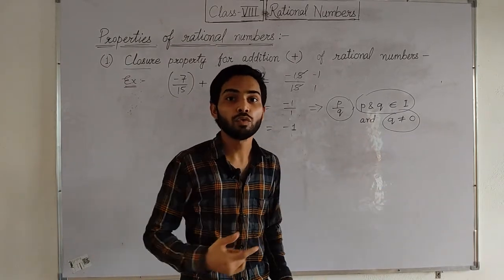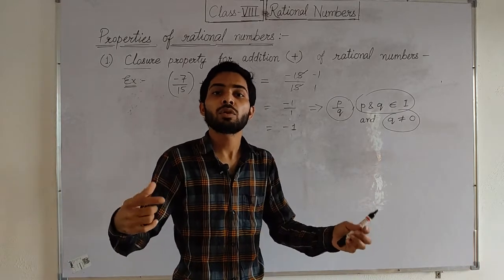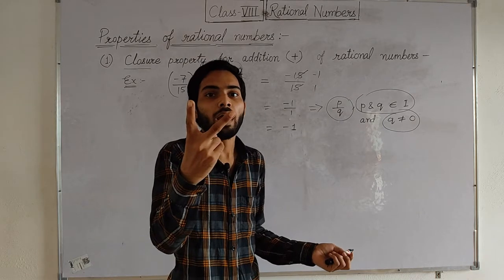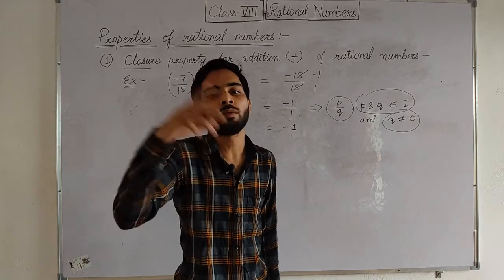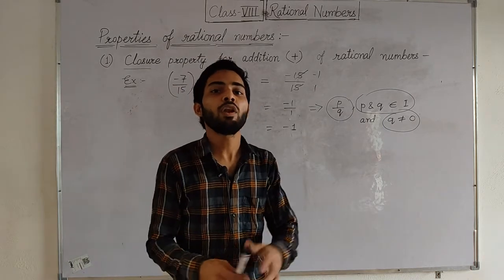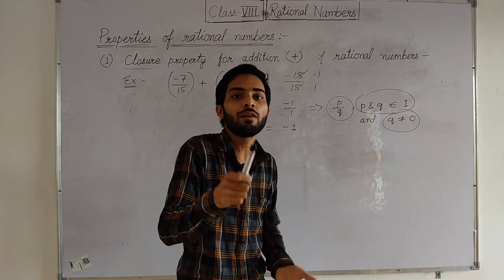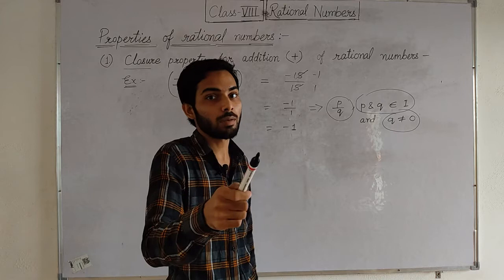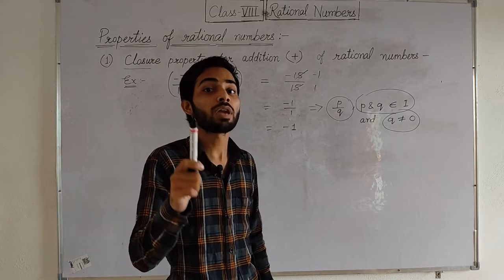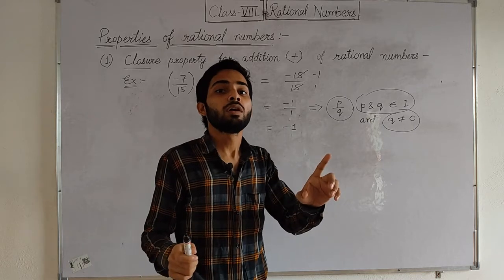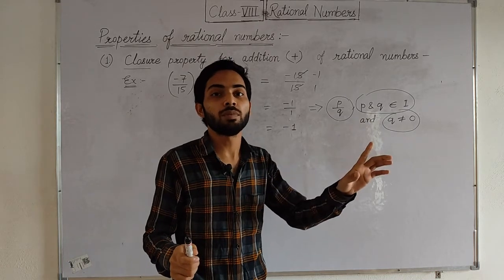If you are confused, you can think of any two rational numbers and subtract one from the other. When you obtain your answer, you will see that it is also a rational number. You can verify the closure property for subtraction of rational numbers.